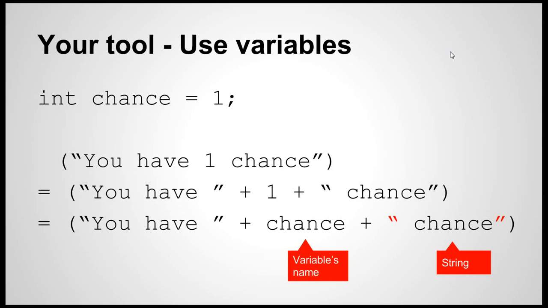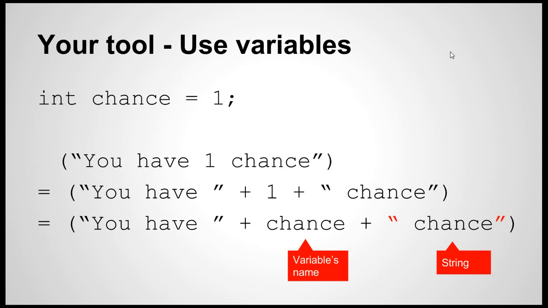Because 1 is the value of the variable chance, instead of writing the value of that variable, you can use the variable's name to make a reference to it, and then you can write the chance string. Interesting though that you can see 2 chances here very close to each other, but the computer will behave differently when it reads to this point, because the variable's name chance comes without the quotes, right?